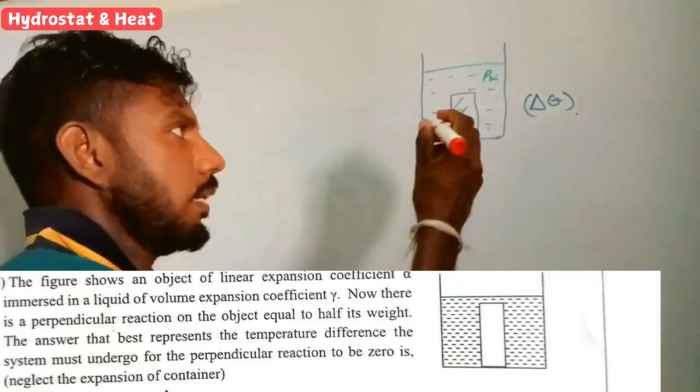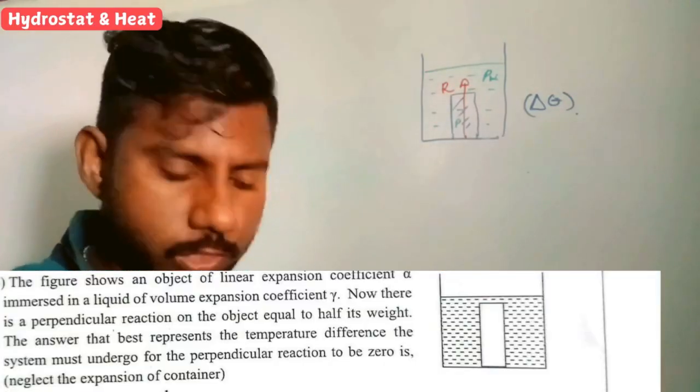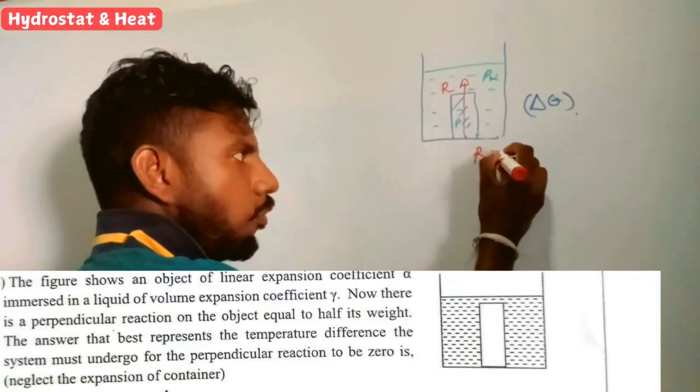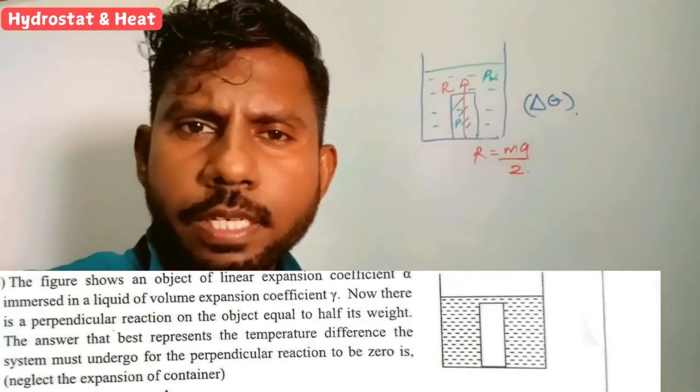The reaction value R is half of the weight, so it's basically mg by 2.